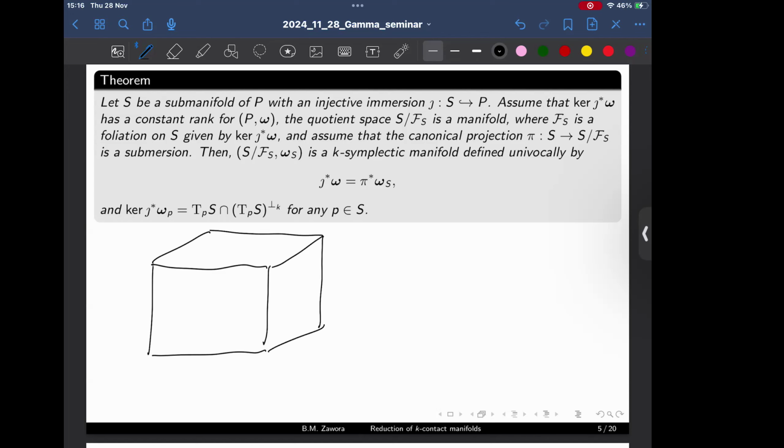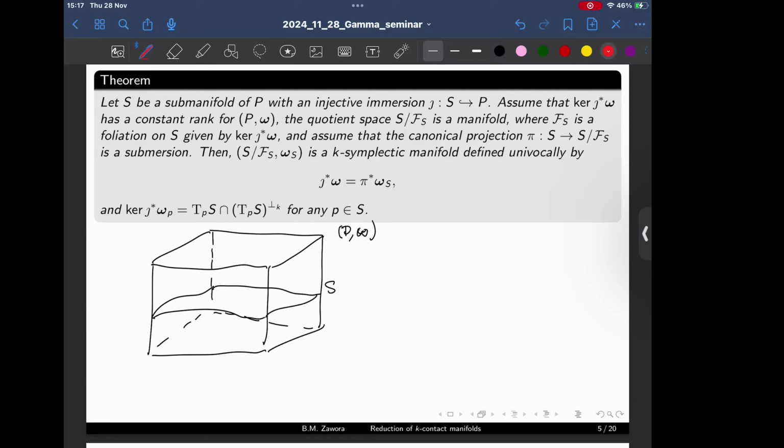Here we have a k-symplectic manifold, and here some submanifold S. We also assume that the kernel of ω pulled back to S has constant rank.